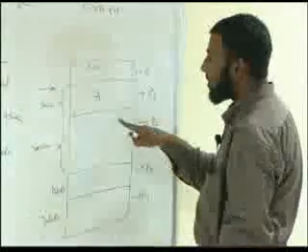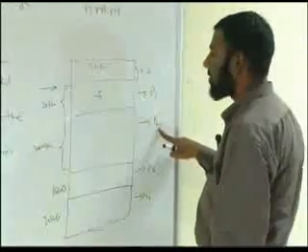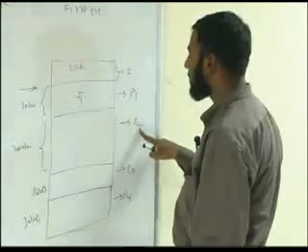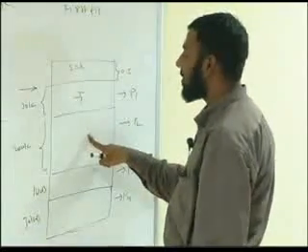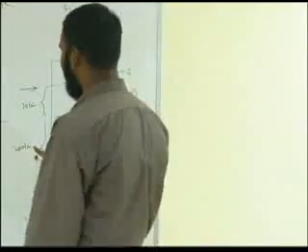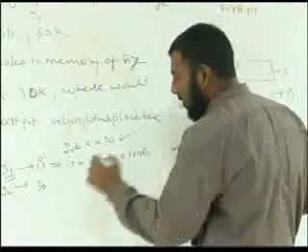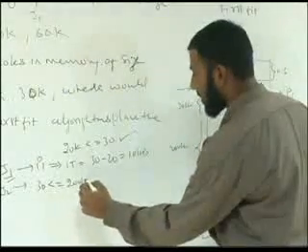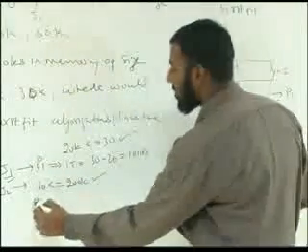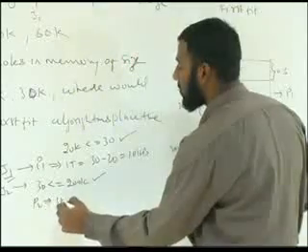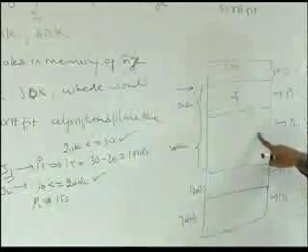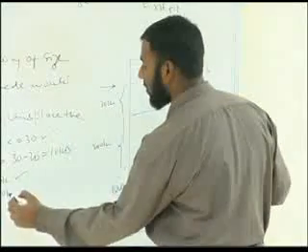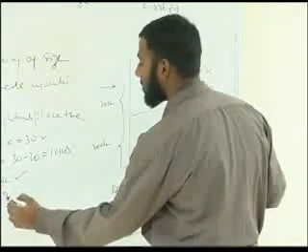Then it will check this condition: is the size of the process, which is 30 kilobytes, less than or equal to 200 kilobytes? Yes, it is true. Then partition P2 will be allocated for it. As a result, the internal fragmentation is: the size of the process is 30 kilobytes, and the size of the partition is 200 kilobytes.